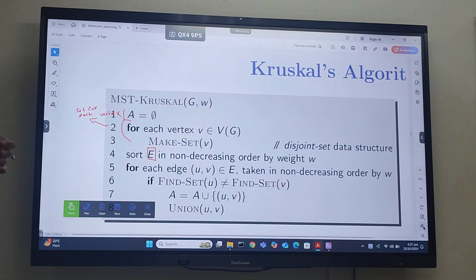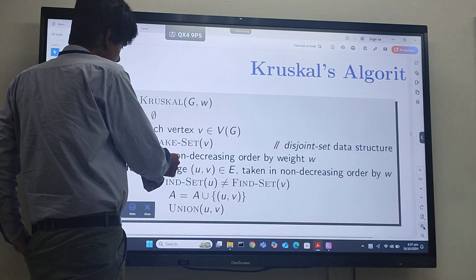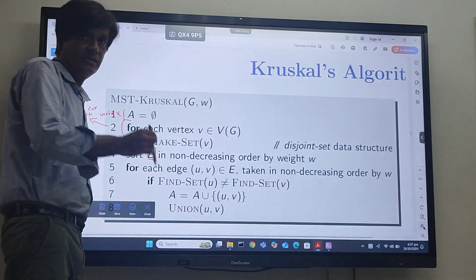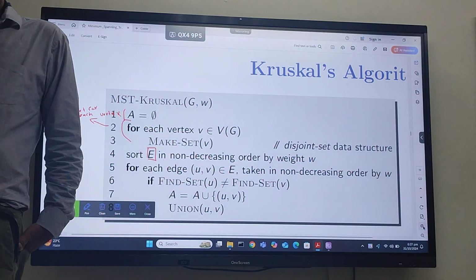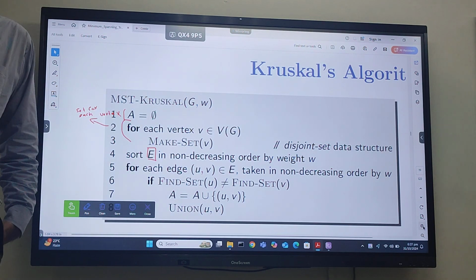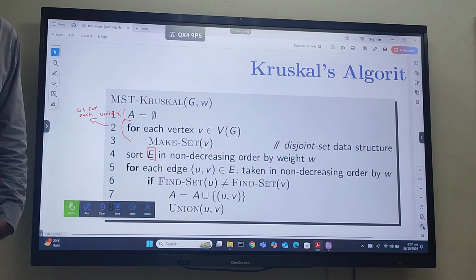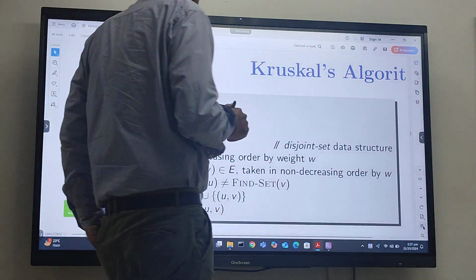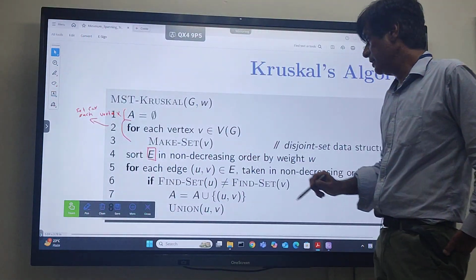And for each edge, we one by one select the edge from the sorted array of edges, starting from the lowest and going gradually to the highest. So one by one we select an edge UV.